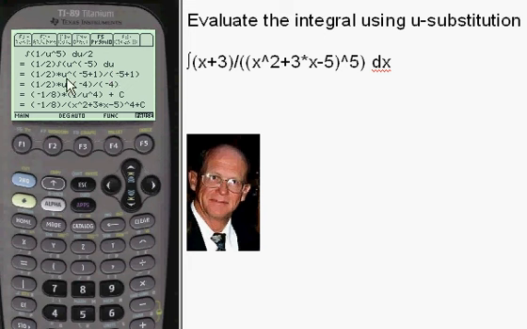And then we switch the u to the numerator, which makes it an exponent and a negative, opposite of what is in the denominator, and then we add 1 to it, and we divide by whatever that answer is, which is the minus 5 plus 1 is minus 4, which is here. We still have the 1/2 out here, u to the minus 4 divided by minus 4.